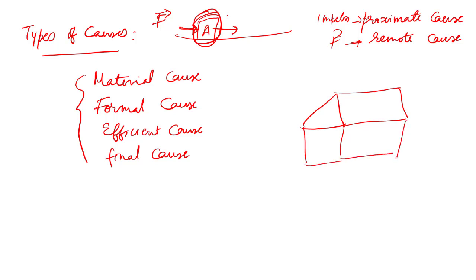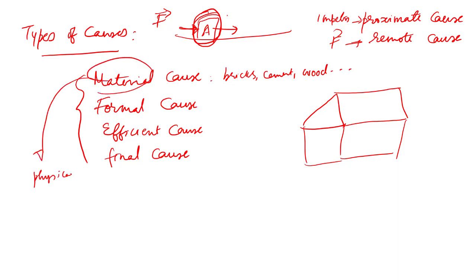So whatever material, the bricks, the cement, and the wood, whatever is used to construct it. And what we mean by material, it is the same thing as physical. That is, material is something that is changeable. It is something now, but it can become something else later. So if I take a house, the material cause of the house is bricks and cement and wood.